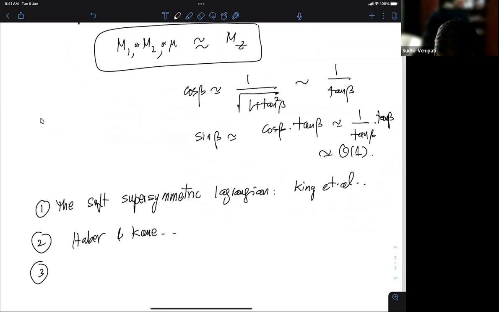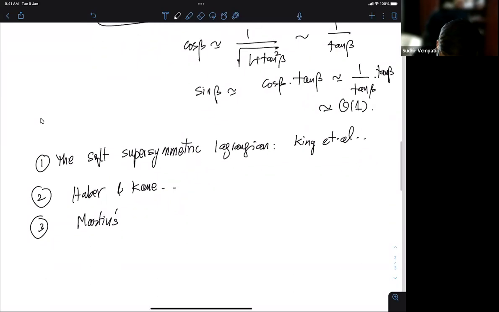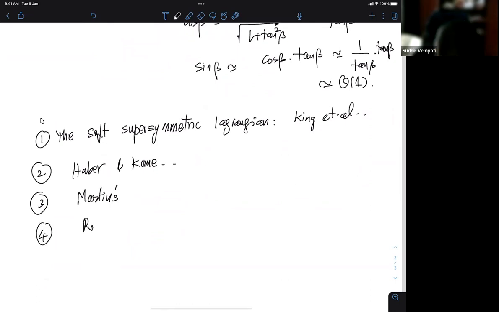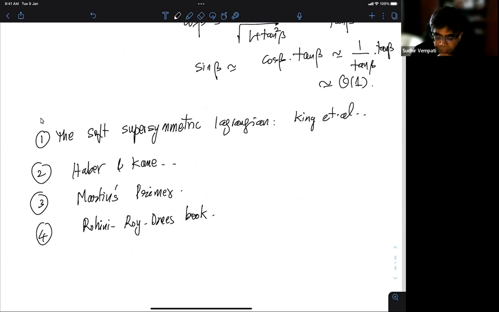You can also use Martin's primer, and Rohini's book is also good. These are good to look at, and keep a book with you.